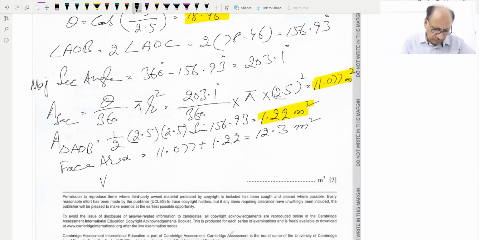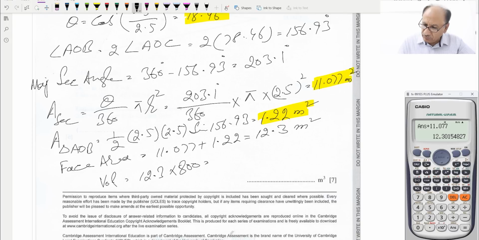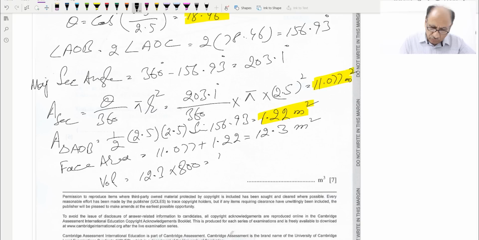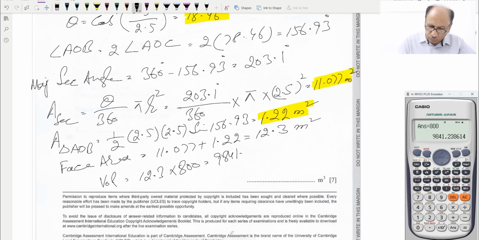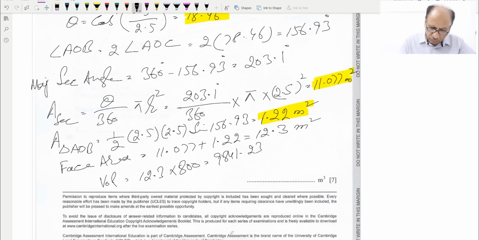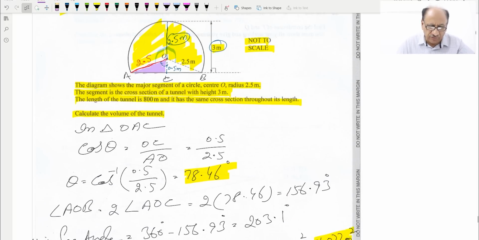For volume we multiply 12.3 by the length, which is 800. This gives us 9841.23, which we round to 9841 meters cubed. This was a 7 mark question which we have done.